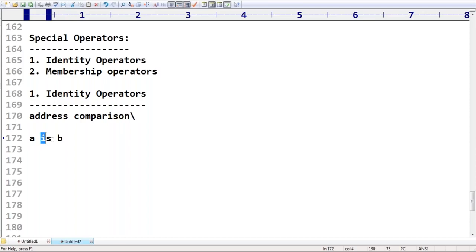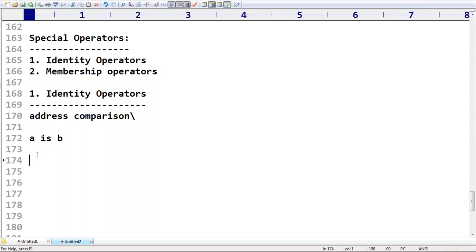When does the is operator return true? If both are pointing to the same object, then only it returns true. If both are not pointing to the same object, then it returns false. This is the identity operator.